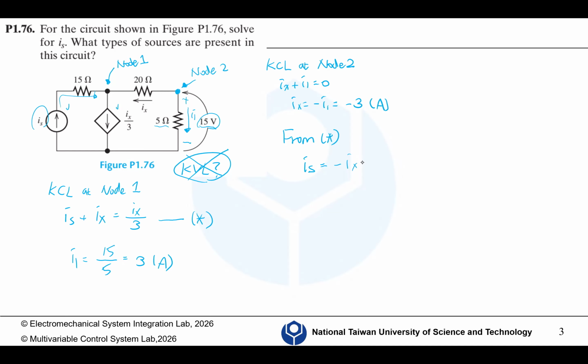Yes, they are correct. V1 minus V2 plus 10. All right.